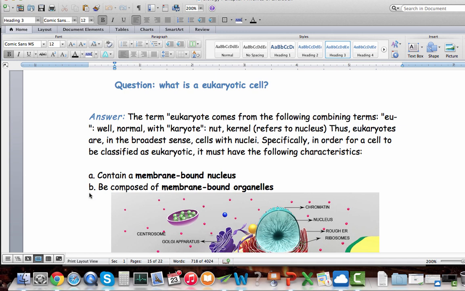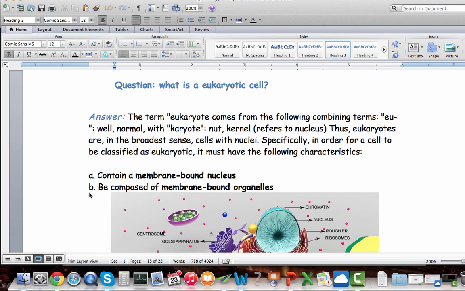Question: what is a eukaryotic cell? Answer: the term eukaryote comes from the following terms: eu, which means well or normal, and karyote, which means nut or kernel. The word karyote refers to the nucleus.